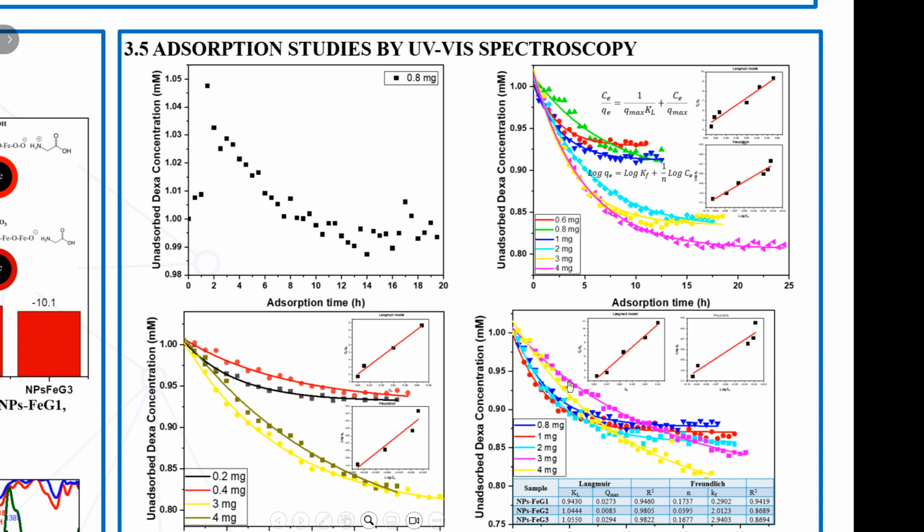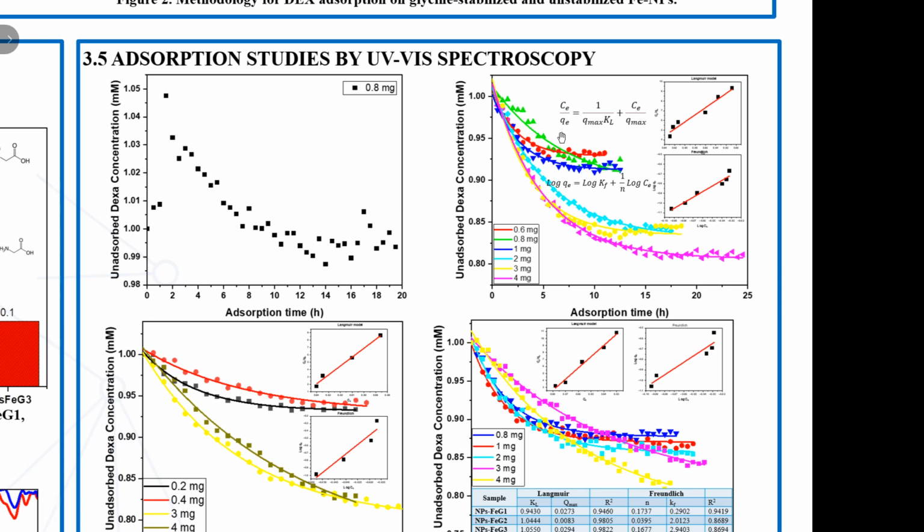From these results, Langmuir and Freundlich models were used for the analysis of dexamethasone absorption on the different samples with iron nanoparticles. These models we can see in their linearized form.